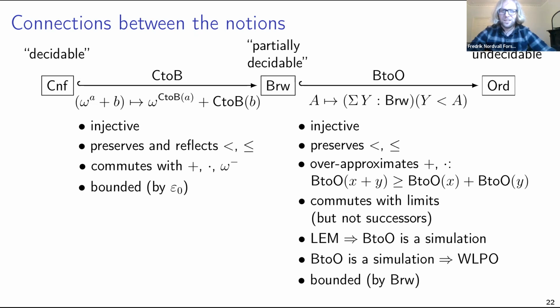I mean, might be an induction. So that would include successor sort of automatically, or I guess zero. Zero would be the limit of the empty sequence, and successor would be the limit of the identity map.